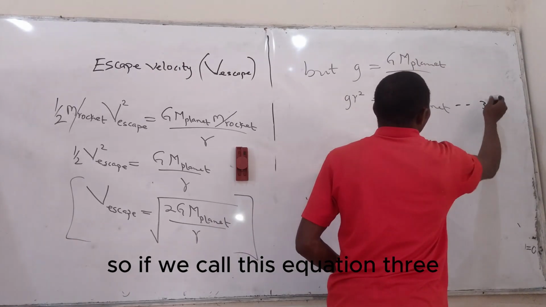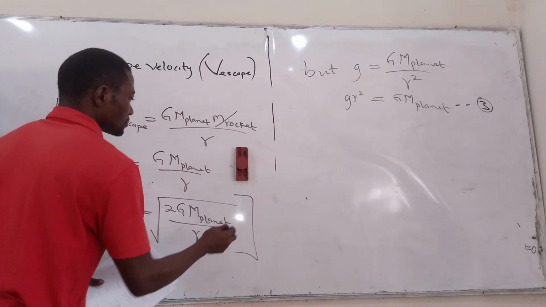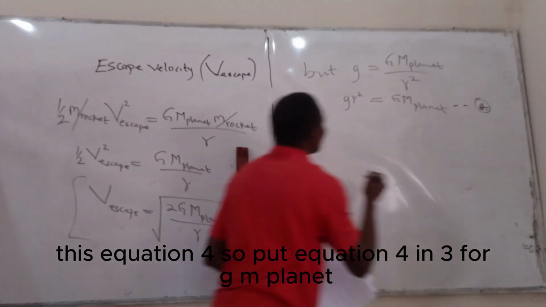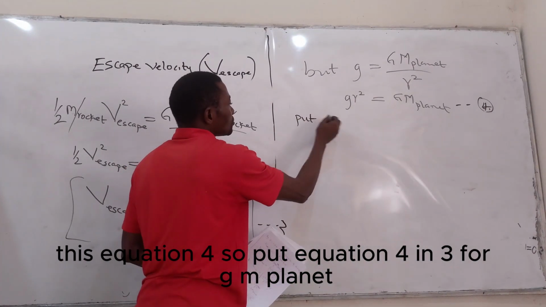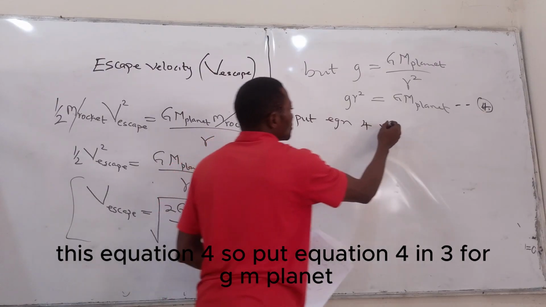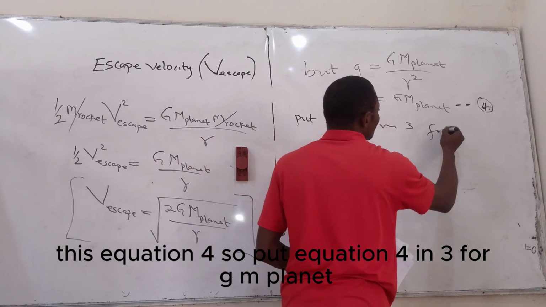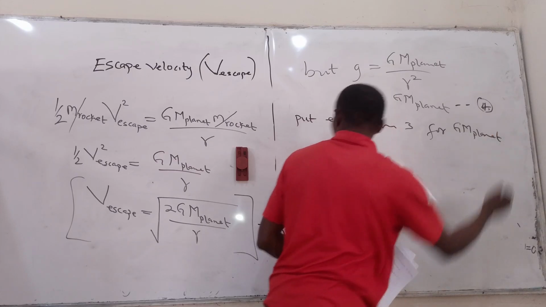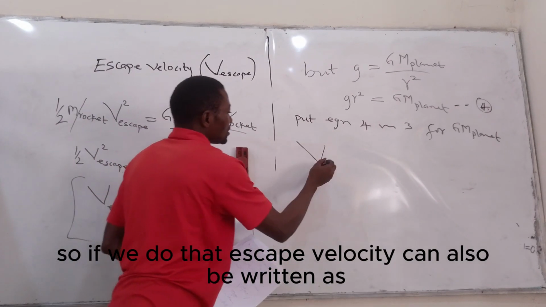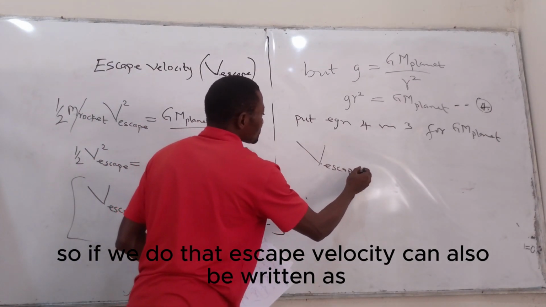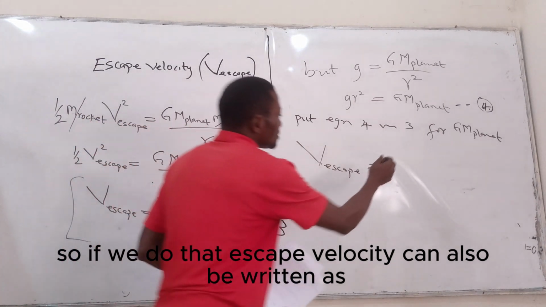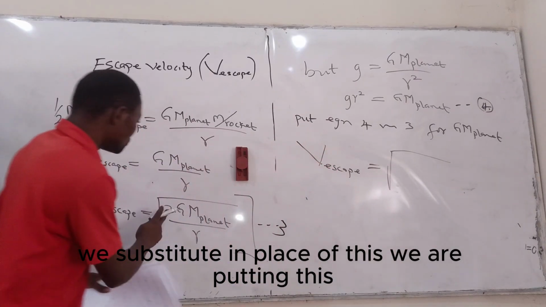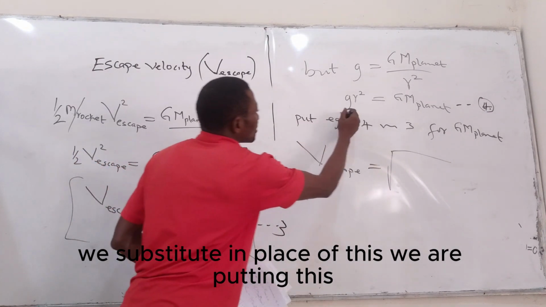If we call this equation 3 and this equation 4, we put equation 4 in 3 for G mass of planet. If we do that, escape velocity can also be written as, in place of this, we are putting this.